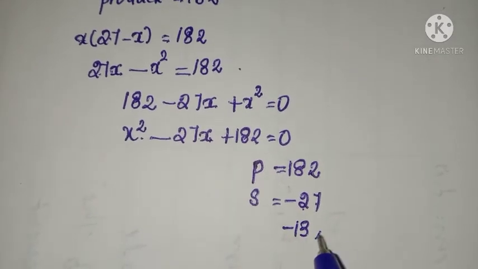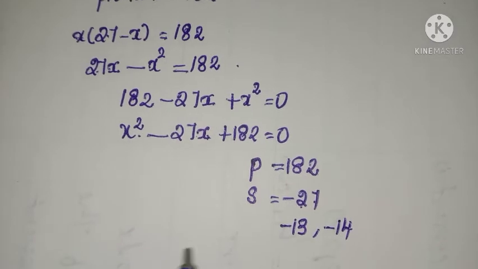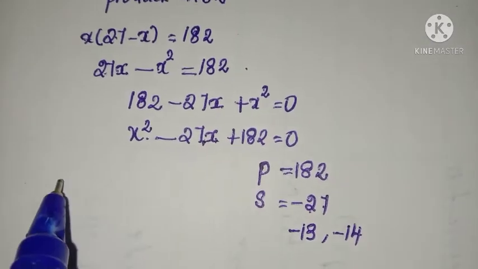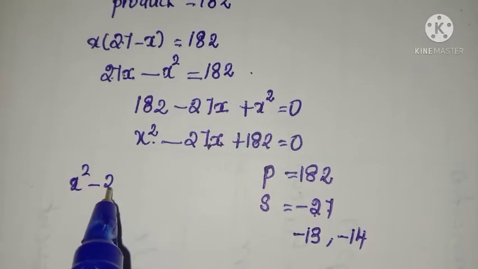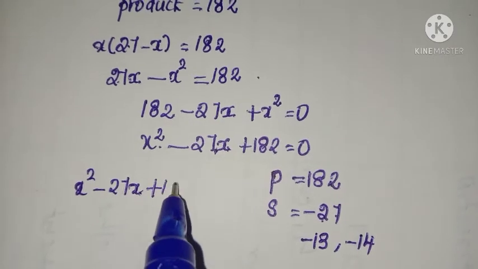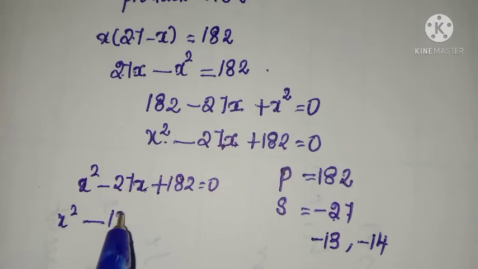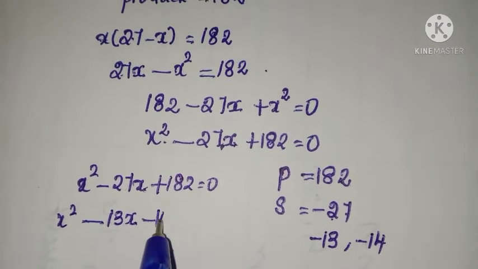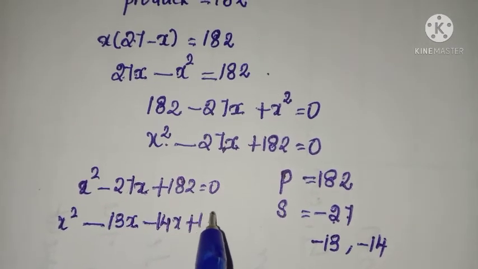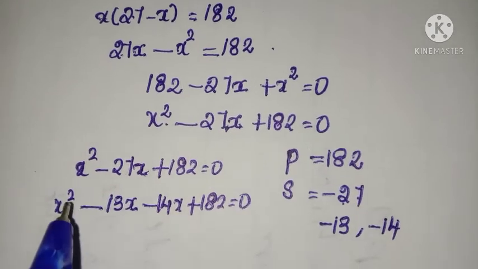So the numbers are minus 13 and minus 14. Let's split the middle term minus 27x as x square minus 13x minus 14x plus 182 equal to 0.